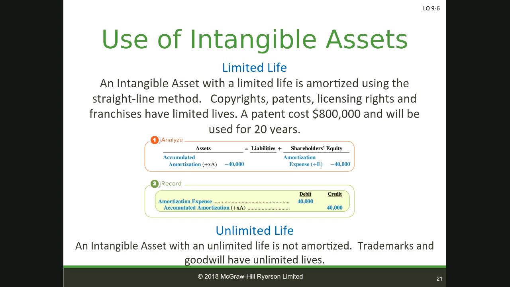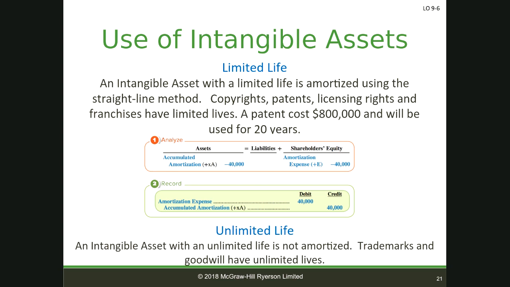But with respect to goodwill, we do not amortize goodwill, okay? Goodwill is reviewed for impairment at least once a year, at the year end when the financial statements are being prepared. Management must look at goodwill and determine is it impaired or not.